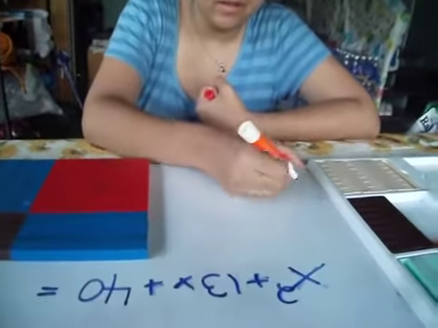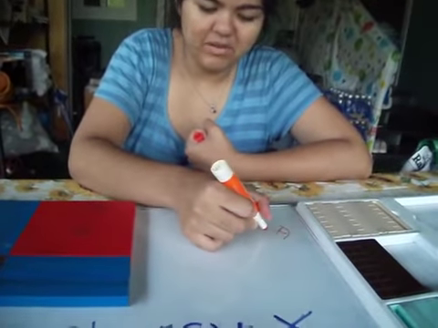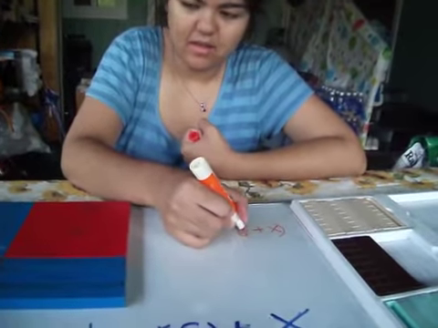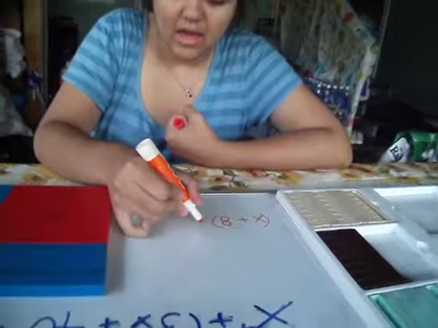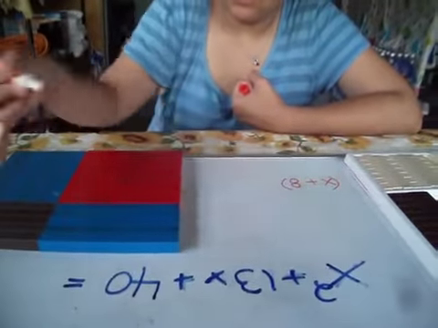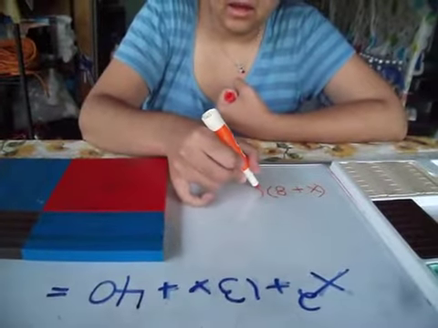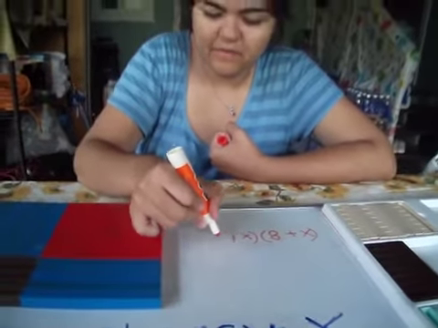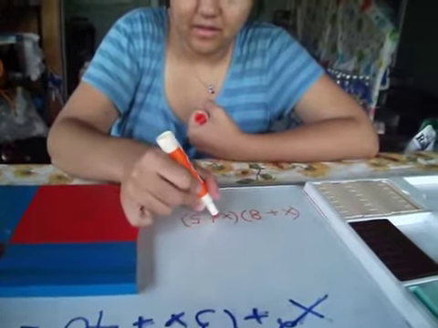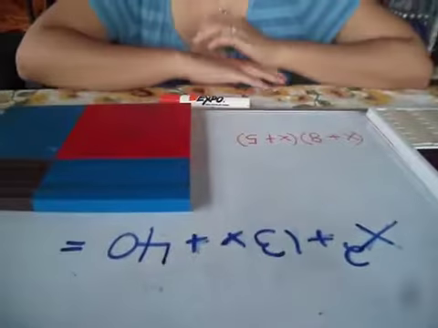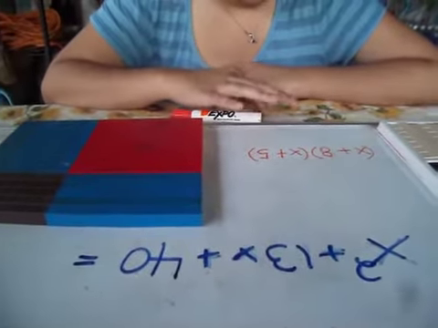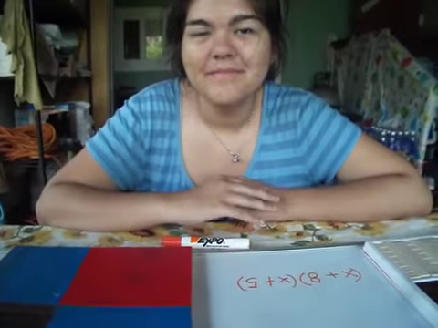The across is x plus 8, and the up is the other x factor, plus 5. So what we have there is x plus 8 times x plus 5 gives us x squared, 13x, and 40, right? Yes.